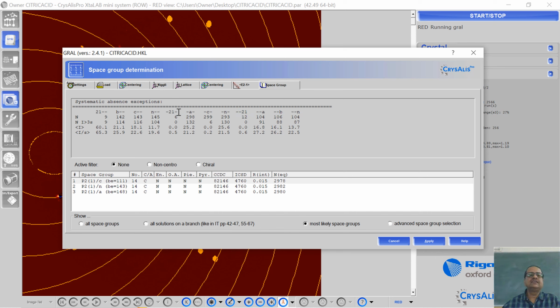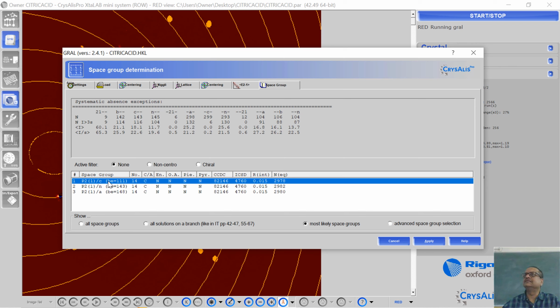So here what we see is this 2,1 along y-axis, this value turns out to be close to 0. And here again this turns out to be close to 0. So one should take it as P21 by C, because the 0 appears in both cases along y.